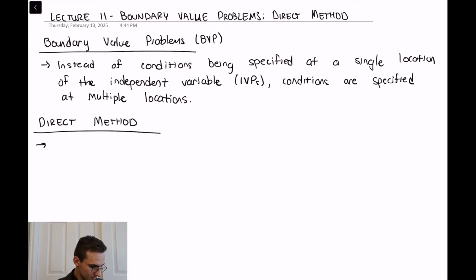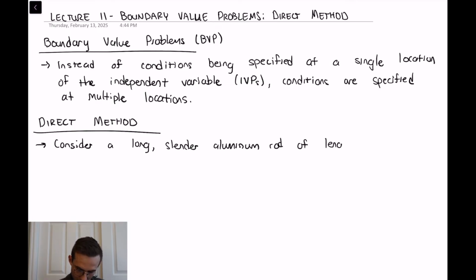So, let's consider a long, slender aluminum rod of length capital L.